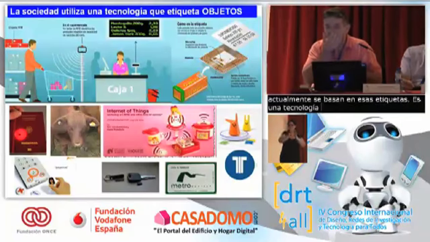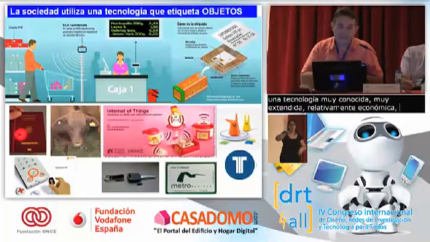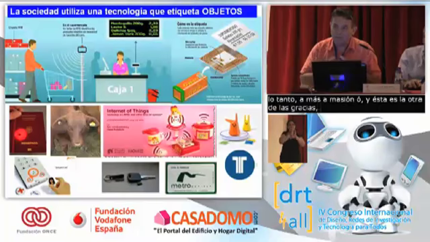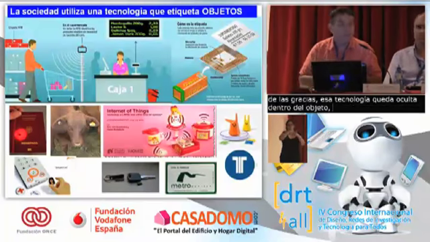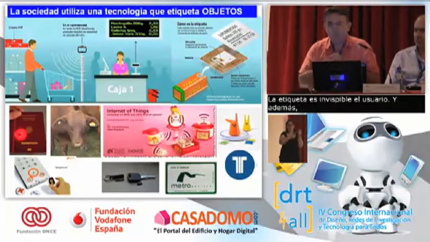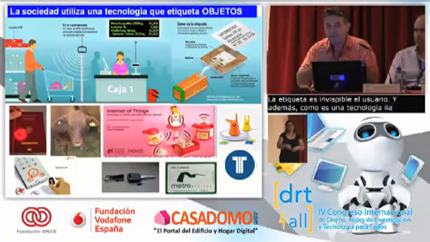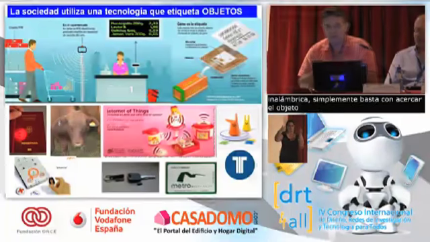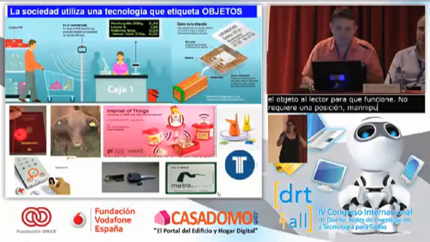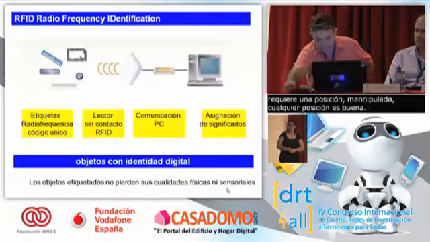So this is a very well-known technology, very well extended, reasonably well priced, and this is another one of the good things, that this technology is also hidden inside the object, so that the label is invisible for the user. And also, it's a wireless technology, and so you only need to bring the object close to the reader for it to read. It doesn't need to be in a specific position. Any position is good.